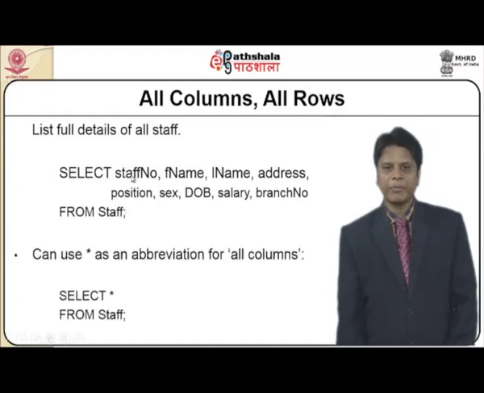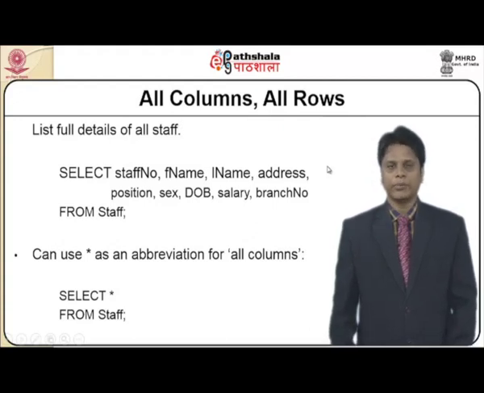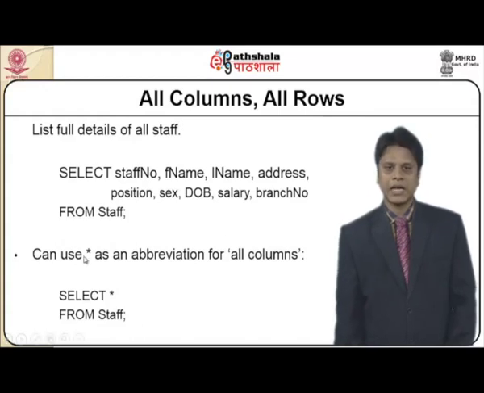So instead of mentioning all the attributes available within the database, we can carry this out by putting a simple star. This star replaces all the attributes that are available within the database.